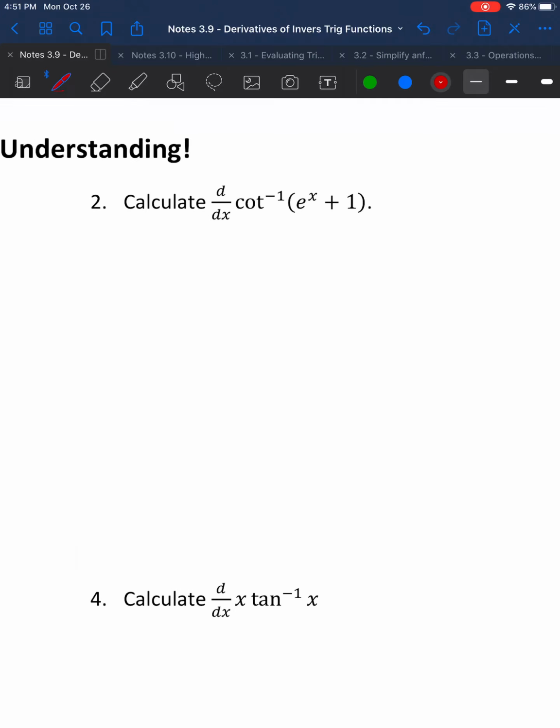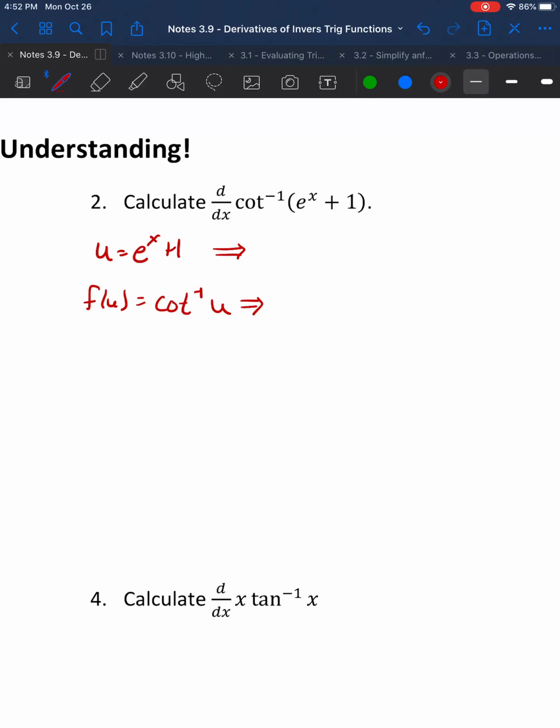Number 2, same idea. We've got to decide what we want u to be and f of u. So u in this case would be e to the x plus 1. f of u is then going to be inverse cotangent of u. And then just like the past lesson, we're going to do the derivative of each.